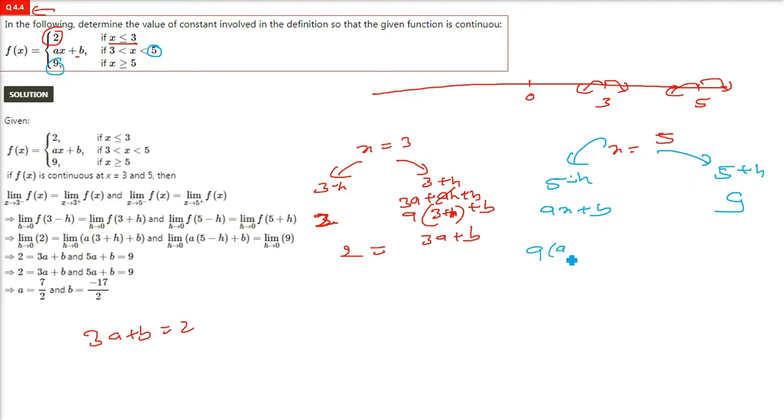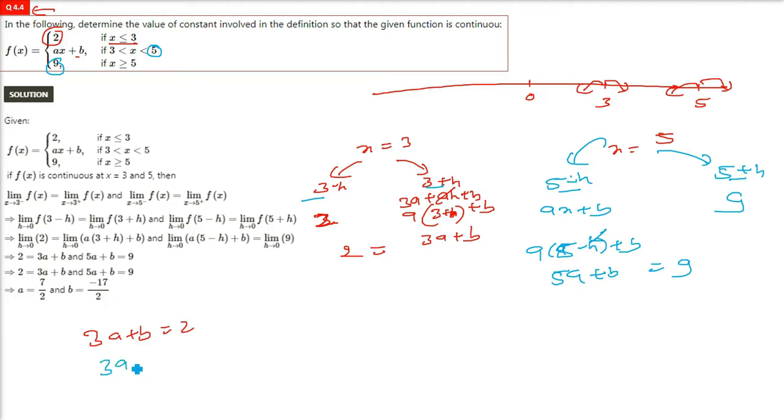Ax plus b, in place of x, just replace it by 5 minus h, and then you have to equate it by 9. So 5a, h is 0, plus b is equal to 9. So both ways we get an equation on left hand side, means x equal to 3, and another equation for x equal to 5.